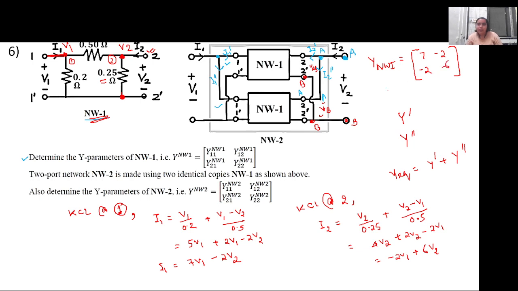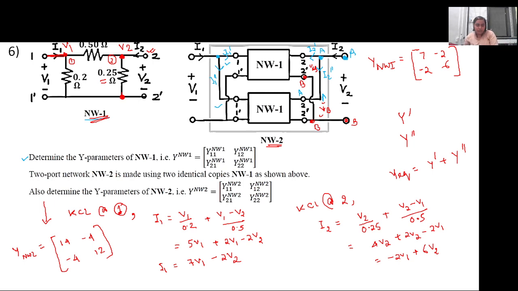Right. Now if you are to calculate for this entire network 2, what will be the value of the admittance parameter for network 2? By using the simple formula, it will be added double. So it will simply become 14, minus 4, minus 4, and 12, right?